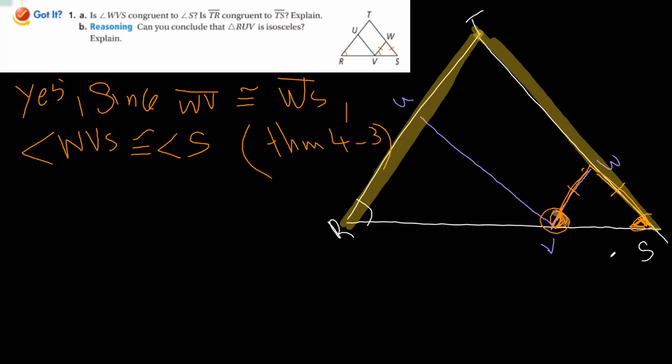No, teacher, I cannot conclude that. Wait to check. Teacher, can I answer? Yes, please. They are congruent because we already found that R and S are congruent to each other.